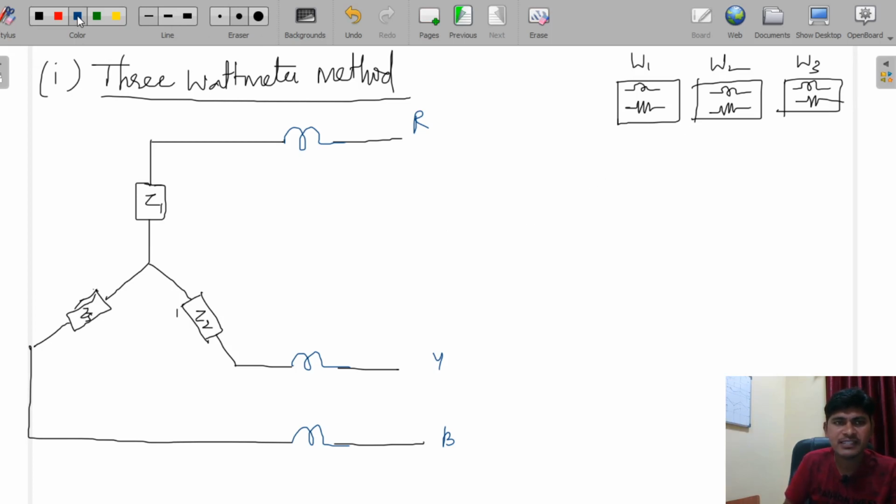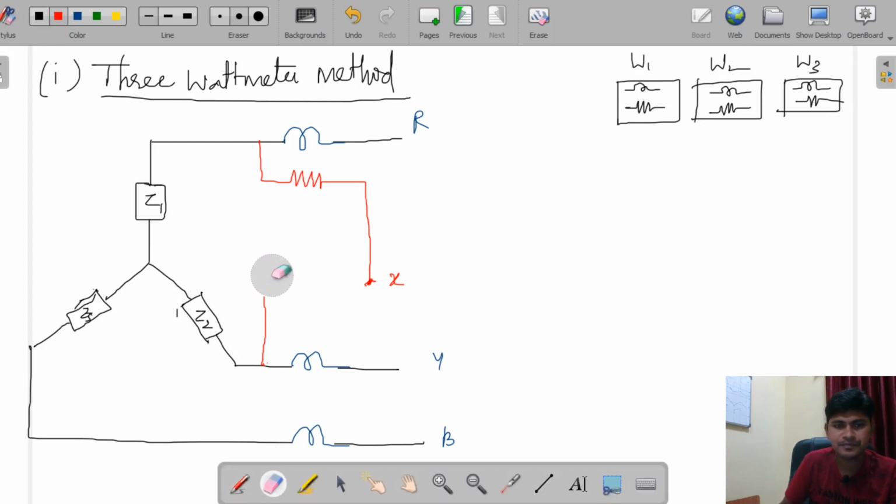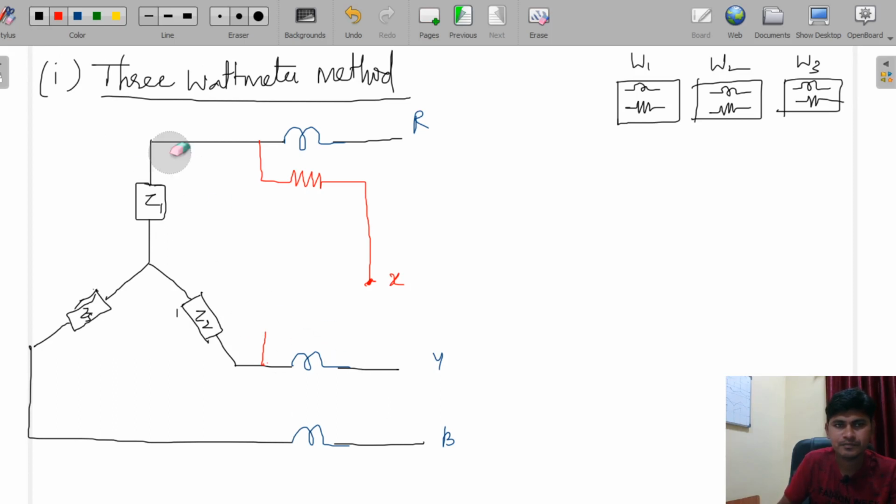Potential coil of wattmeter 1 is placed between this line and some common point. Okay, this is some common point, X. Potential coil of wattmeter 2 is connected between this line and the common point.